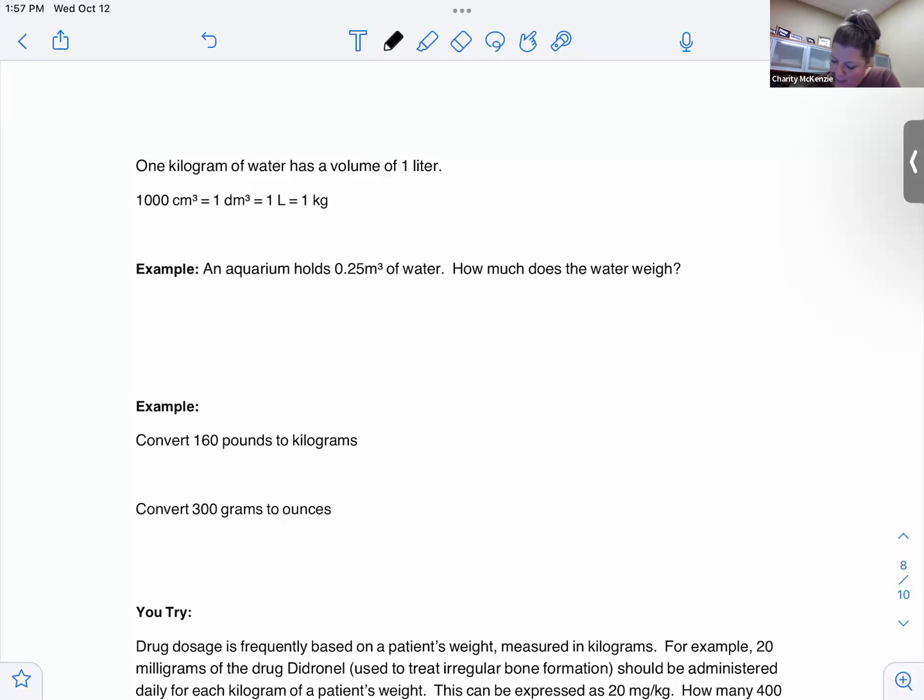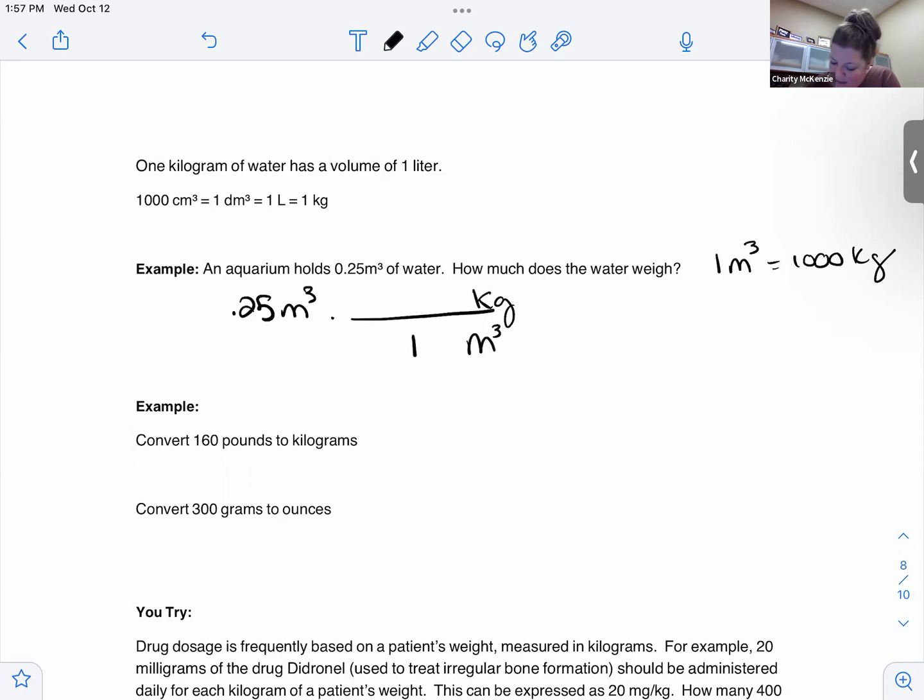So we know 1 meter cubed is equal to 1,000 kilograms. And we have 0.25 meters cubed, and we would like to get out kgs. We want to get rid of meters cubed.